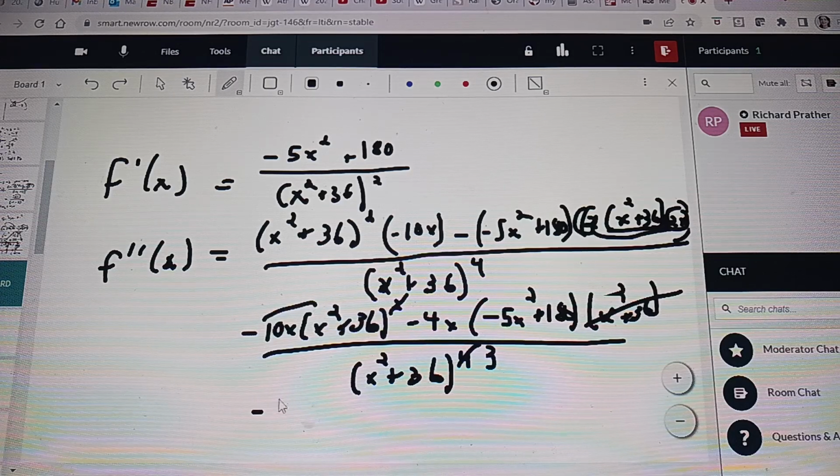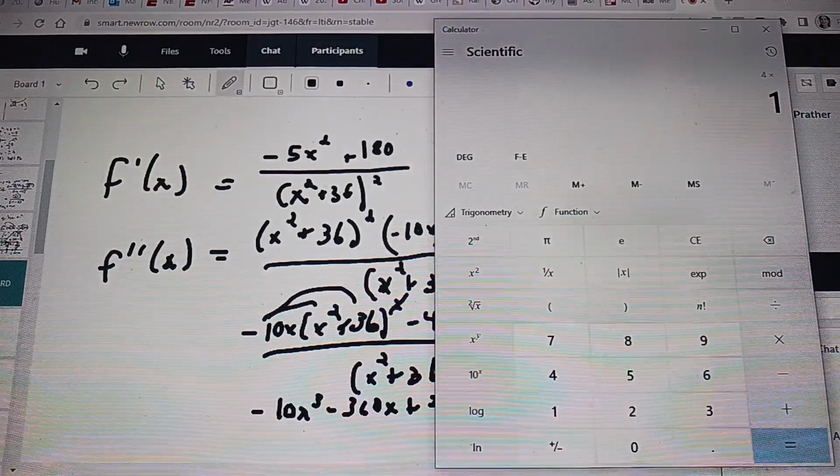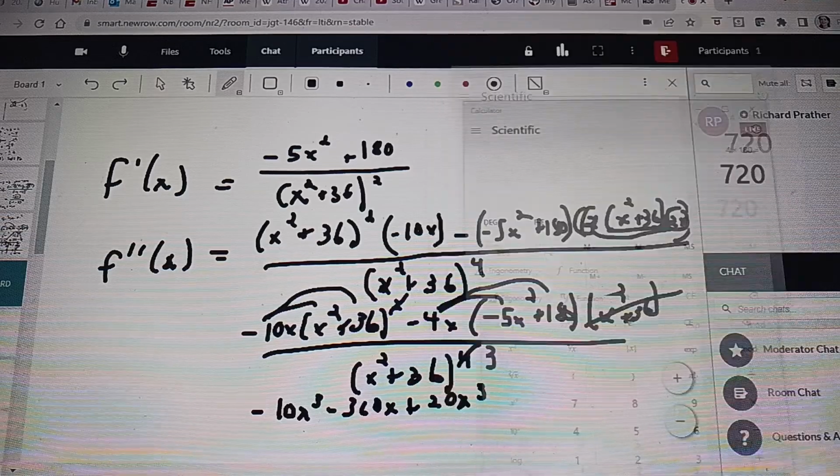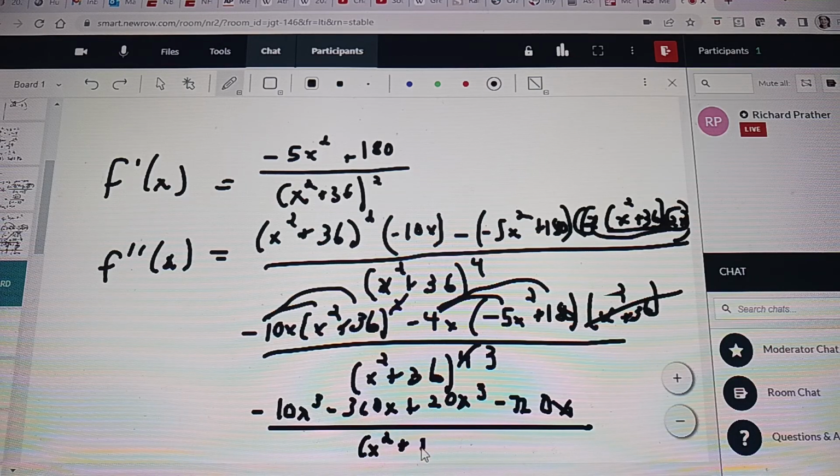So negative 10x to the third minus 360x plus 20x to the third minus whatever 4 times 180 is, minus 720x over the denominator to the third power.